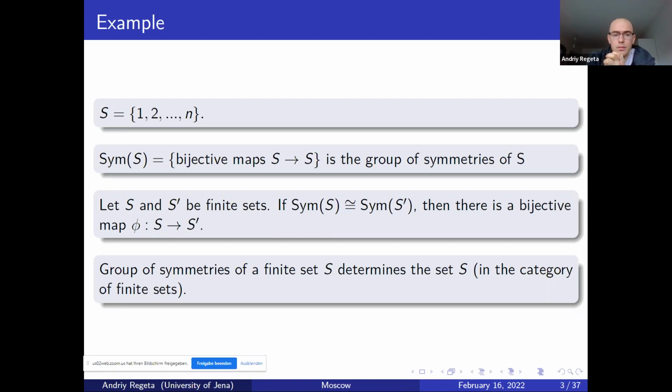So a finite set is determined by its group of symmetries. Of course, we would like to have this statement for some more interesting geometric objects, not just for finite sets with discrete topology.